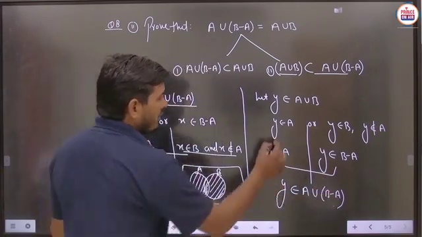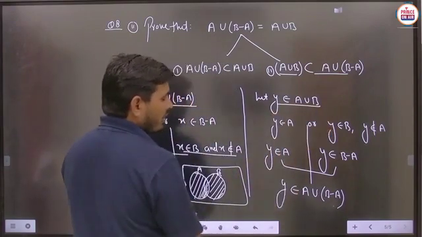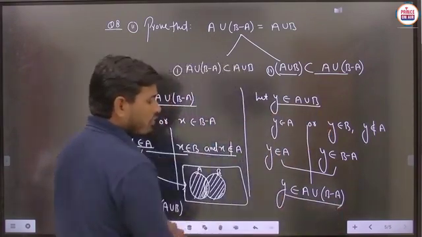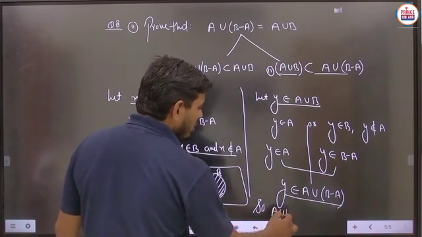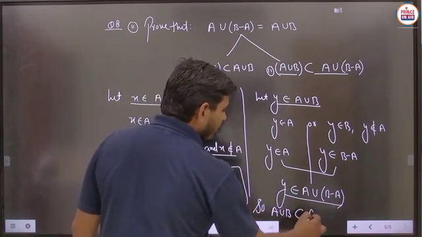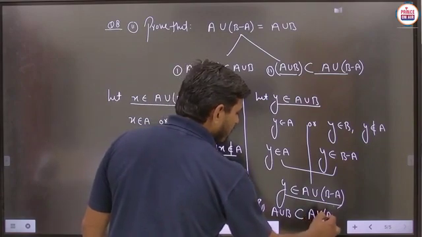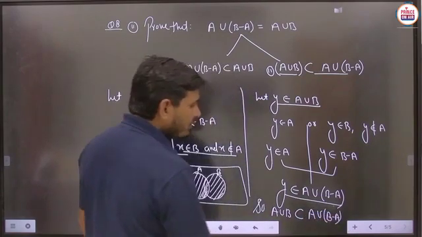So definitely if we are taking Y belongs to this part and we are just proving that Y belongs to this part, so student, you can say that A union B is found to be the subset of A union B minus A. Is it to be clear?